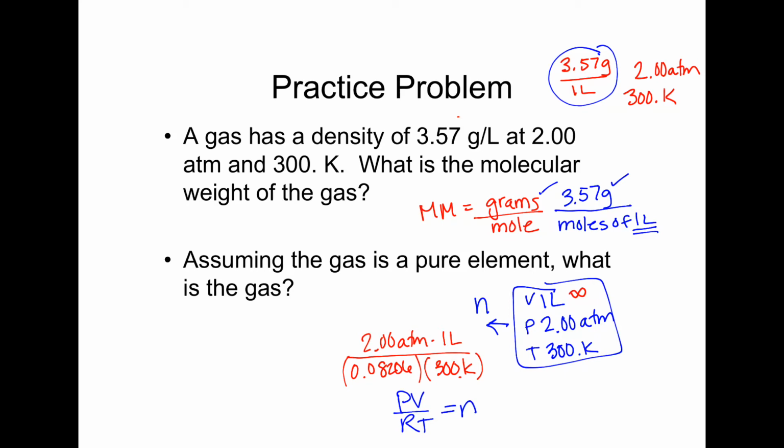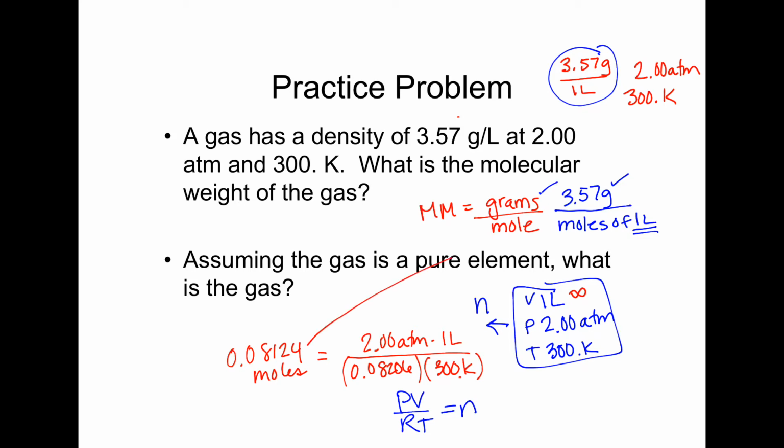All right, so on my calculator, I got 0.08124, and my units are moles. Okay, so that's how many moles 1 liter of this gas is going to take up.